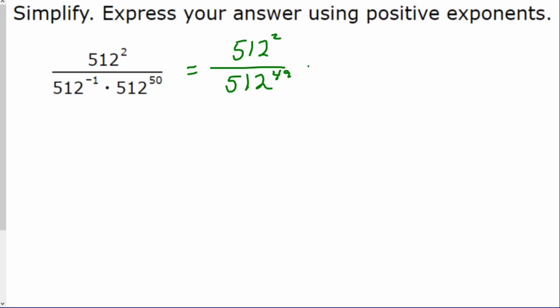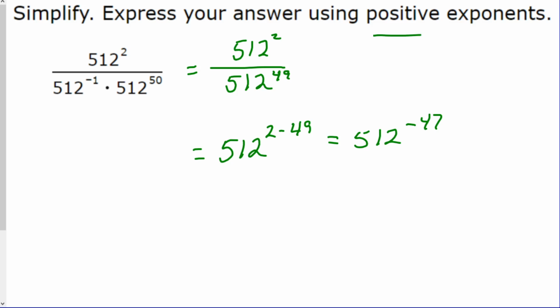All right, so now I am left with just a simple division problem. The bases are still the same. So I can subtract the exponents. 2 minus 49. I'm going to end up with 512 to the negative 47th power.